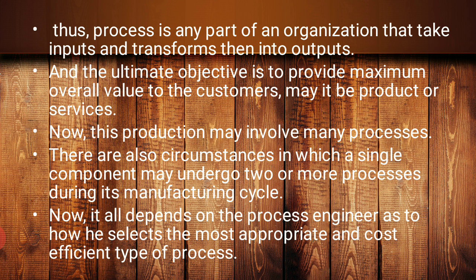So it is ultimately the decision of the process engineer as to how he wants to select the most appropriate process, and that is why we are learning. This is a proper gradual learning through which we are trying to understand what process is, why it is so important, and at the end we will be learning how many types of processes are available, how many options are available to a manufacturer, and then he decides.